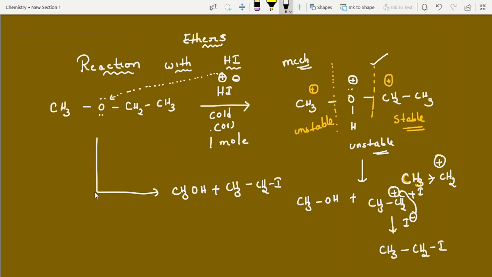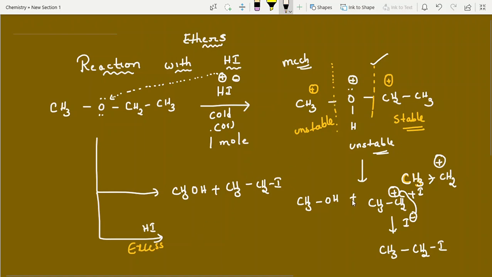Same reaction, but if you have taken concentrated HI or excess HI, they will mention excess HI. Then what happens, students? Very simple.